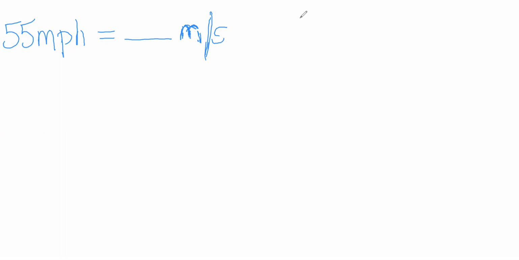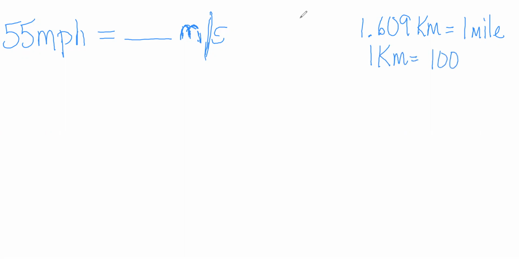All right, so what are our conversion factors for this one? Well, we need to know that there are 1.609 kilometers in a mile. We need to know that 1 kilometer is equal to 1,000 meters.